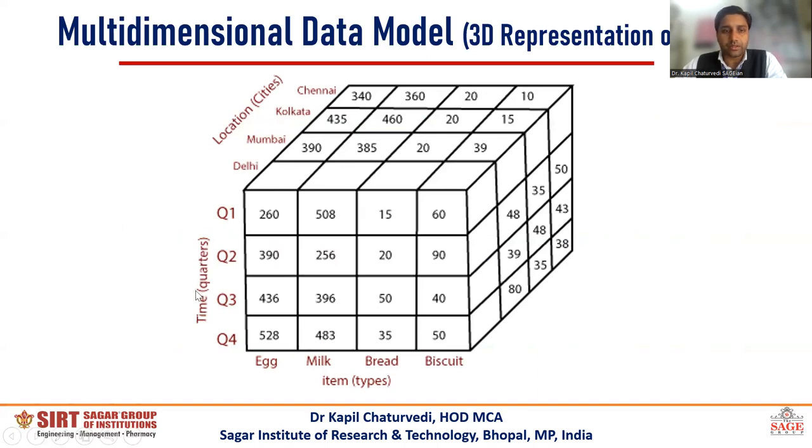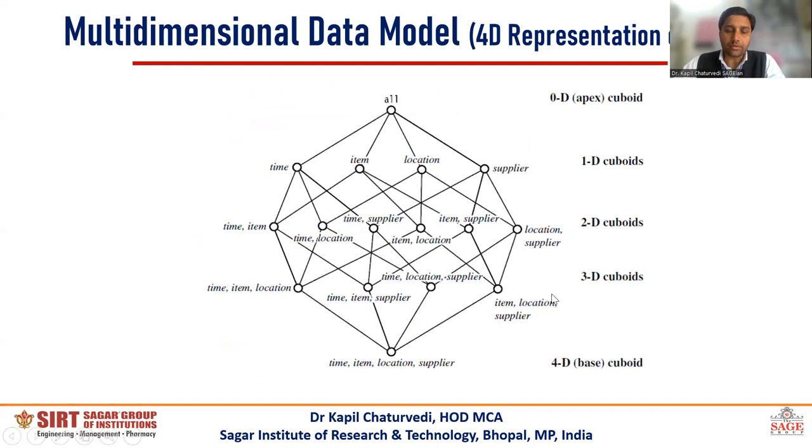So here location, time, and item are the three dimensions, and we are representing data in the form of that cube. You require some practice to draw that, but by applying some written effort, you can easily draw it. This one is very important from the examination point of view.